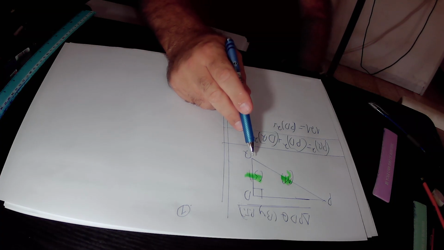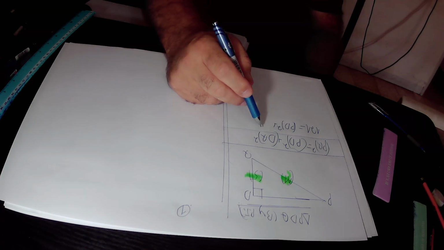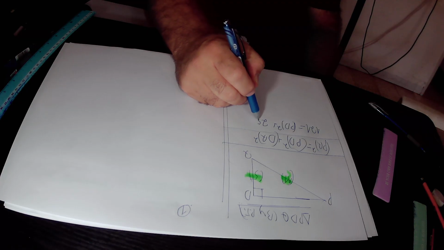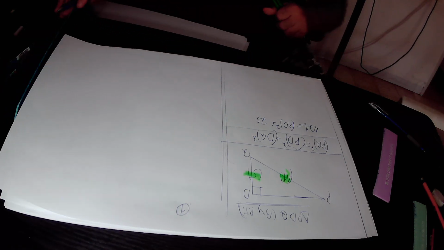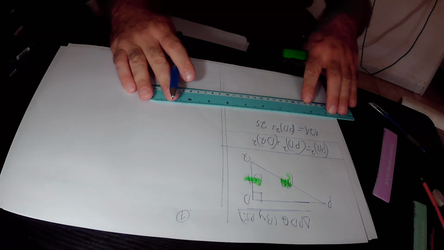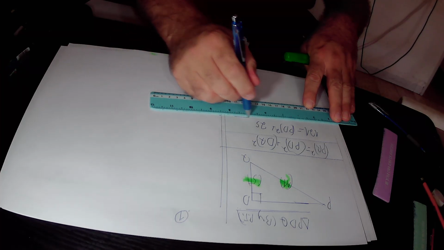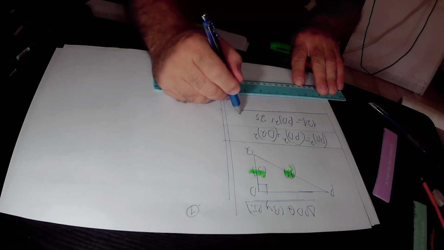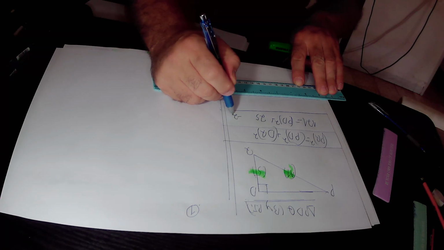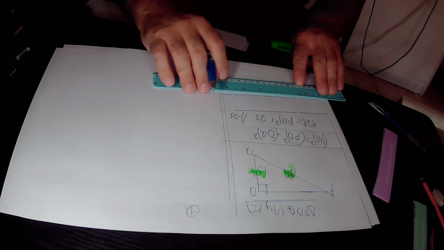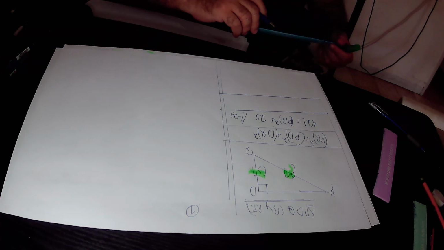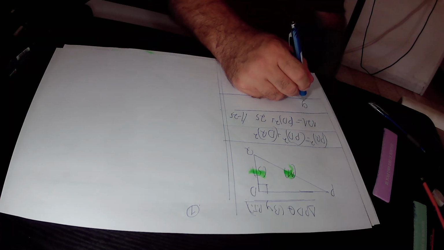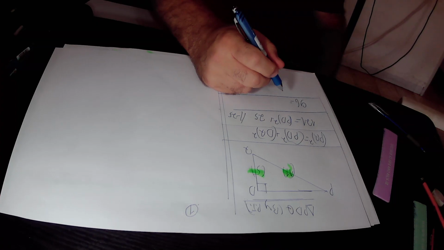DQ is 5, therefore DQ squared is 5 squared, that is 25. So in total, we find that 121 equals PD squared plus 25. Here we subtract 25 from both sides, and we get that 121 minus 25 is 96, which equals PD squared.